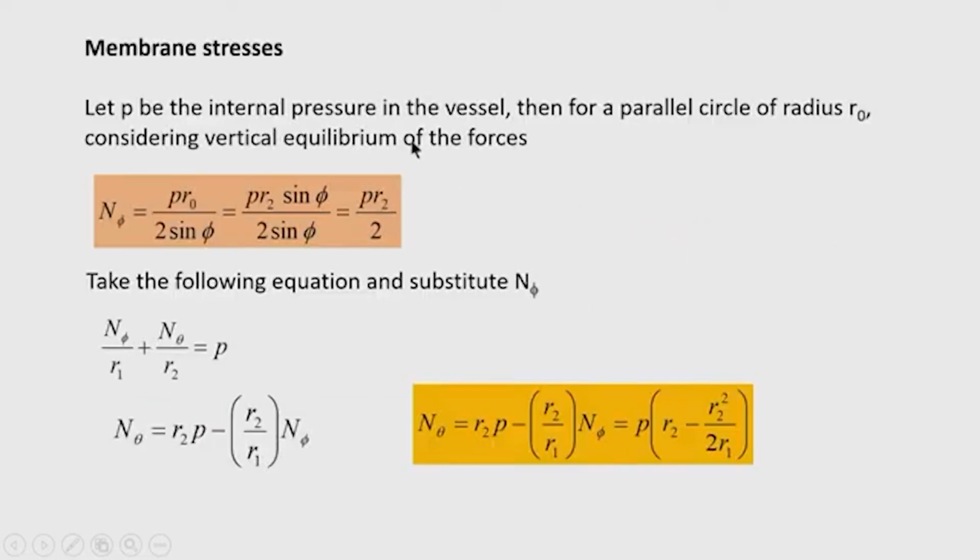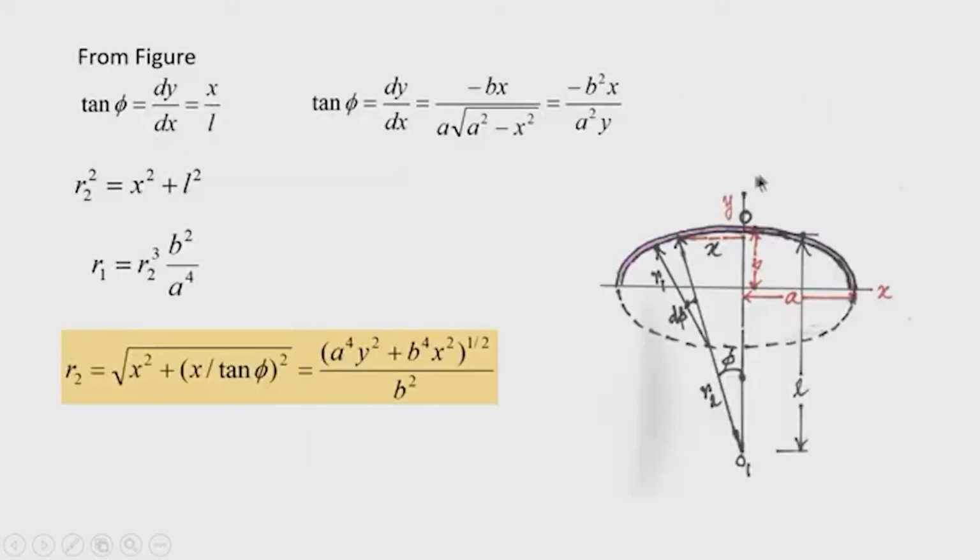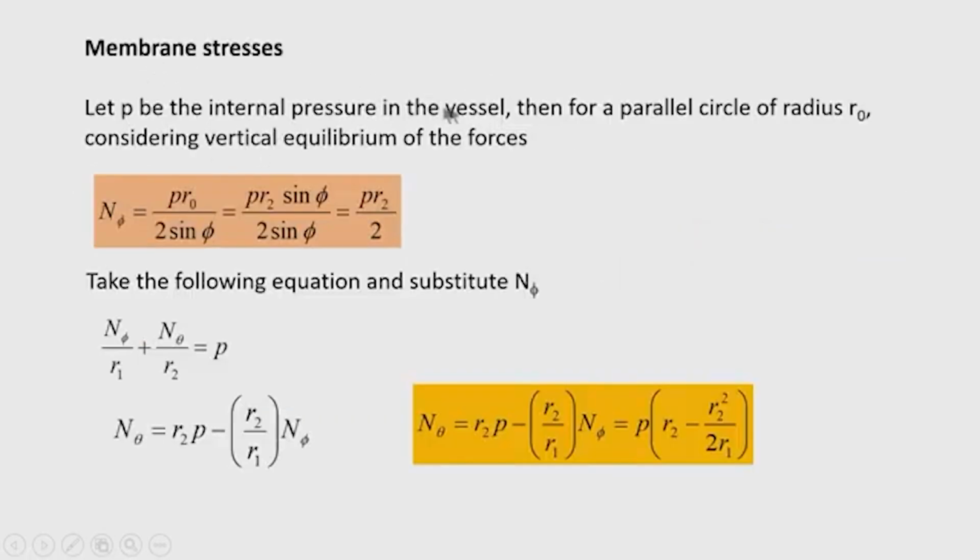So, that principle is used here, and for a parallel circle of radius r naught, here x, we can find that N phi into sin phi, that is the vertical component, multiplied by 2 pi r naught, which is the circumference of the parallel circle at that level.